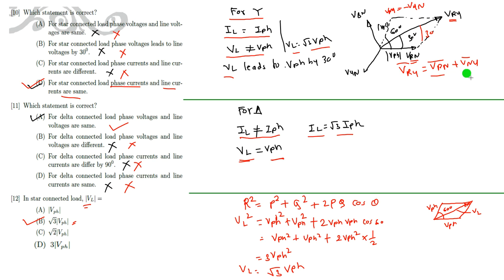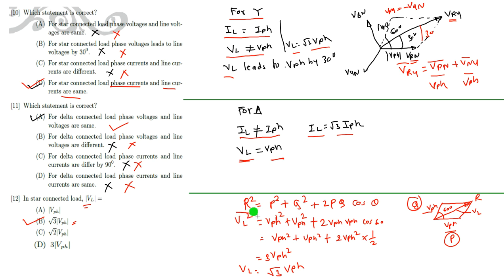So we want to do the phasor addition. This is nothing but the phase voltage, and this is also the phase voltage but with a different angle. So this is VPH, and the resultant is VL. Let us assume that this is P, this is Q, and this is the resultant R.